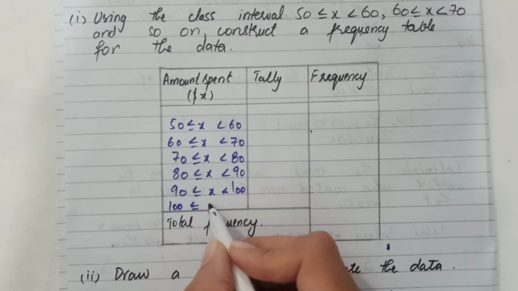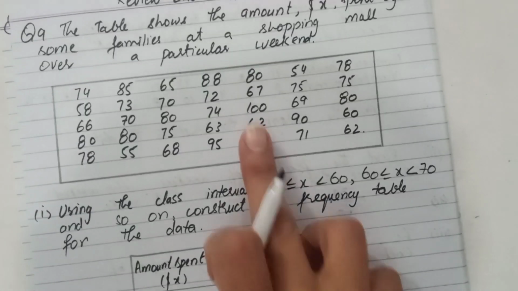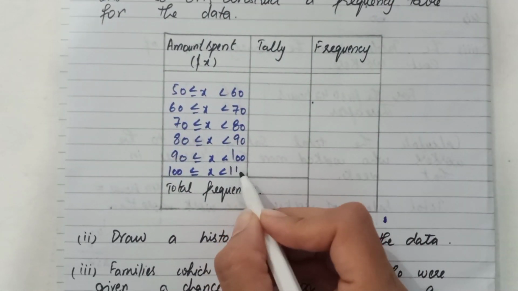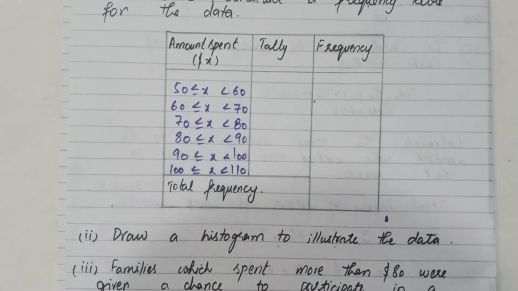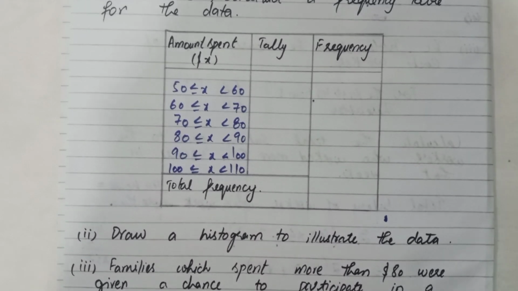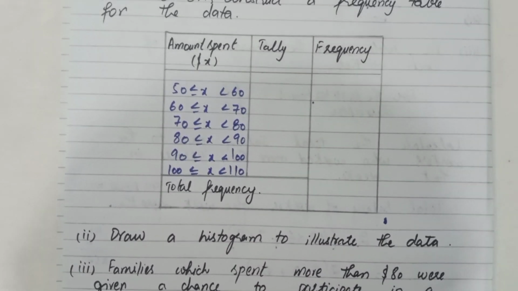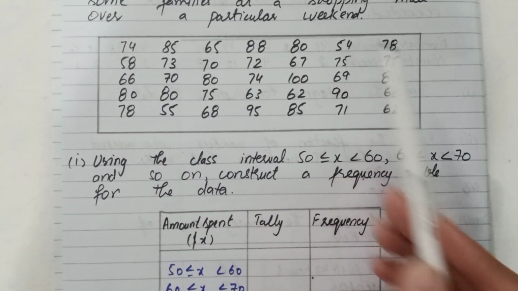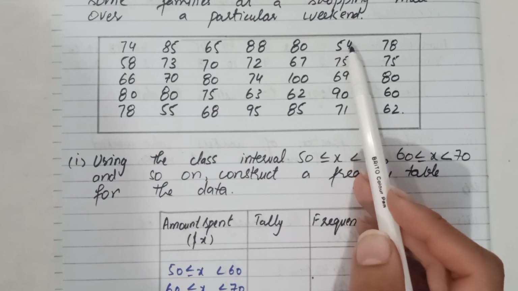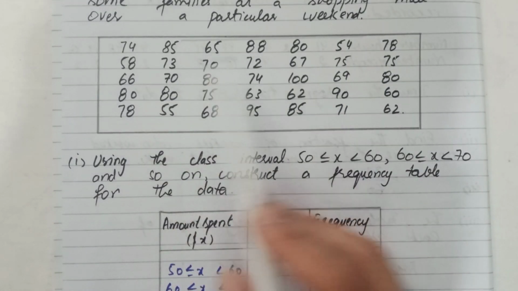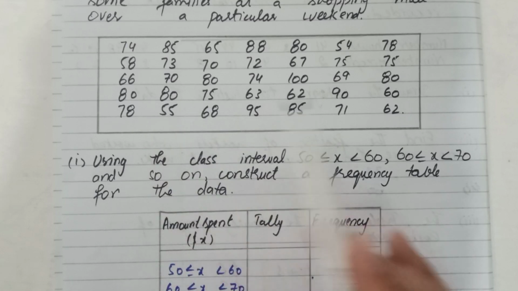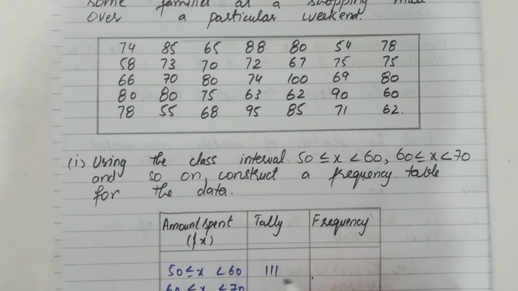This goes up to 110 because values up to 100 are present in this table. Now we count the values from 50 to 60: 54 is the first, 58 the second, and 55 the third. These are the three values.